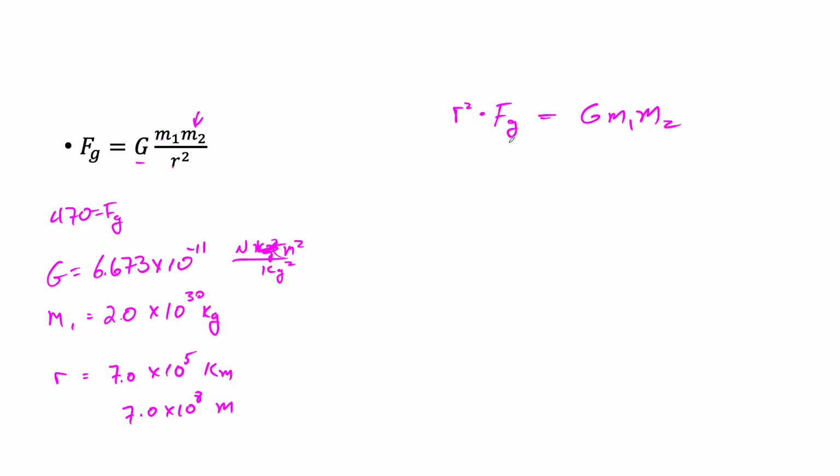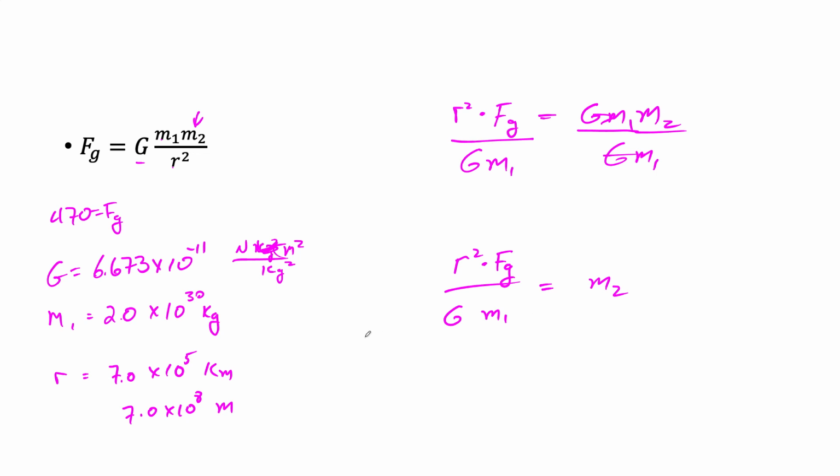Move the r squared over, then divide each side by G and m1. So r squared times the force divided by G times m1 should give me mass 2.